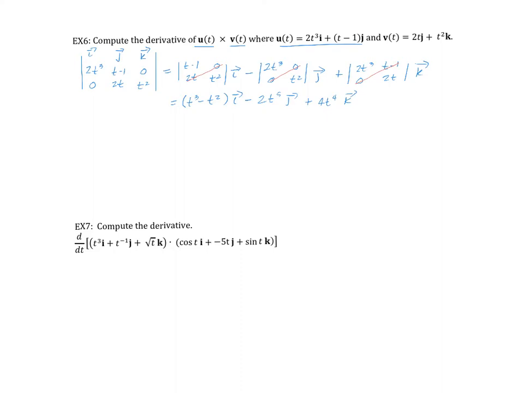So I've done the cross product. I still need to take the derivative. So u cross v, when I take the derivative, that's going to be equal to the derivative of each piece, which would give me 3t squared minus 2t i, minus 10t to the 4th j, plus 16t to the 3rd k.